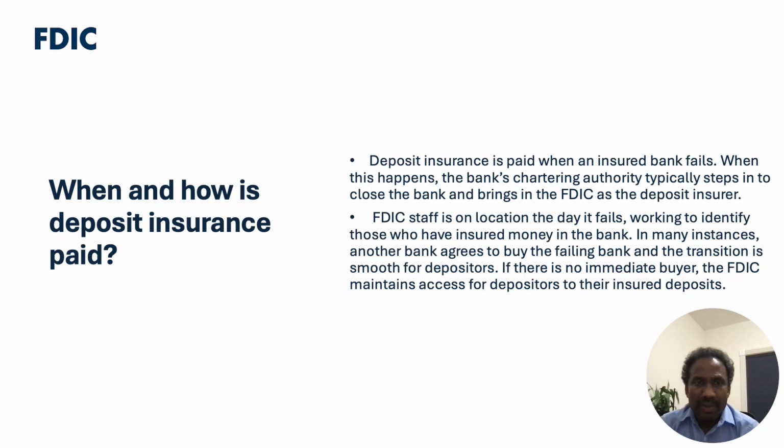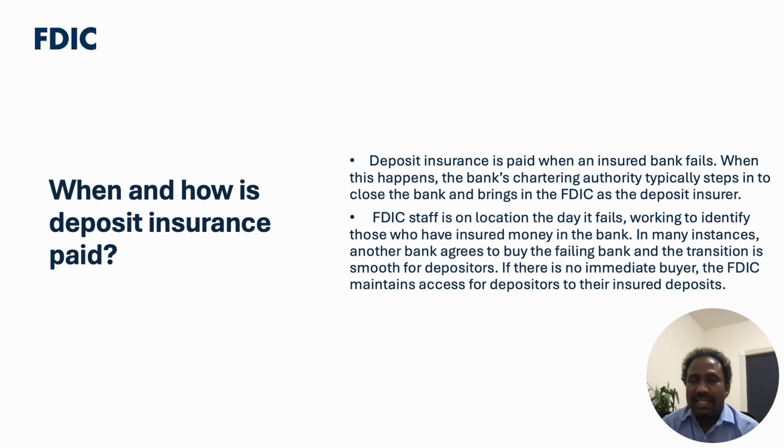Now, how is the insurance actually paid? If your primary bank fails, what happens after that? When a bank fails, the bank's authority typically closes the account and brings in the FDIC, and the FDIC agent will step in.